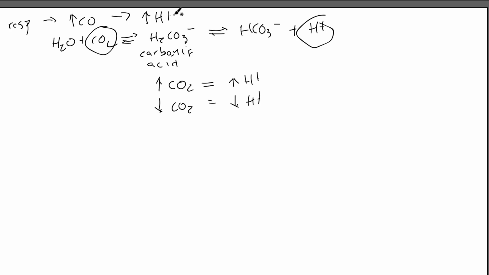Now, we will learn with drawings that are coming up that when you increase acid, you also increase potassium. And that's going to cause hyperkalemia. And hyperkalemia can lead to cardiac arrest.